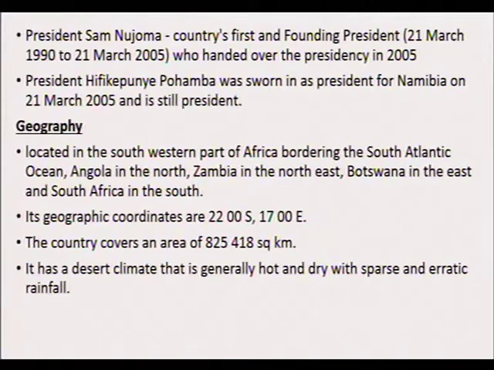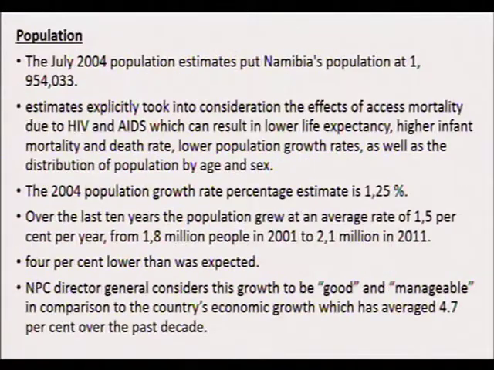We have a desert climate that is generally hot and dry, with sparse and erratic rainfall. When we look at our population, we see that in 2004 it was estimated that Namibia's population was around 1.95 million people.